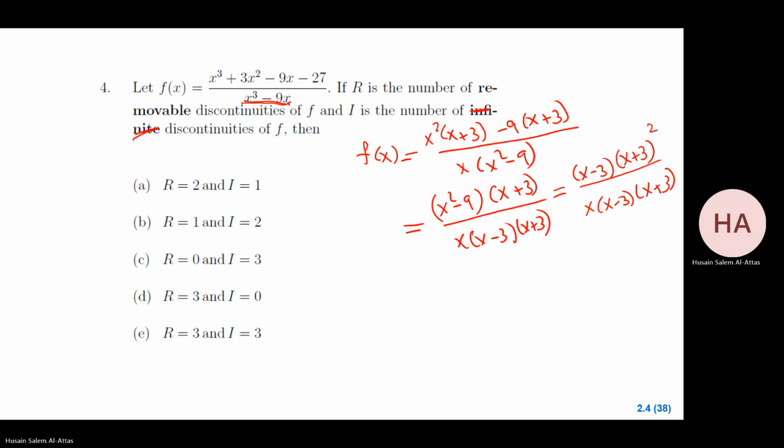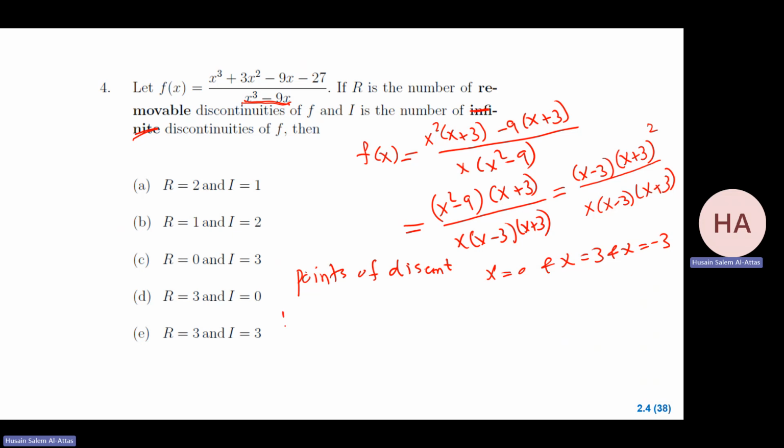Now I need to check what the points of discontinuity are. Very clear: x equals 0, x equals 3, and x equals minus 3. I need to check the limit for each one of them.